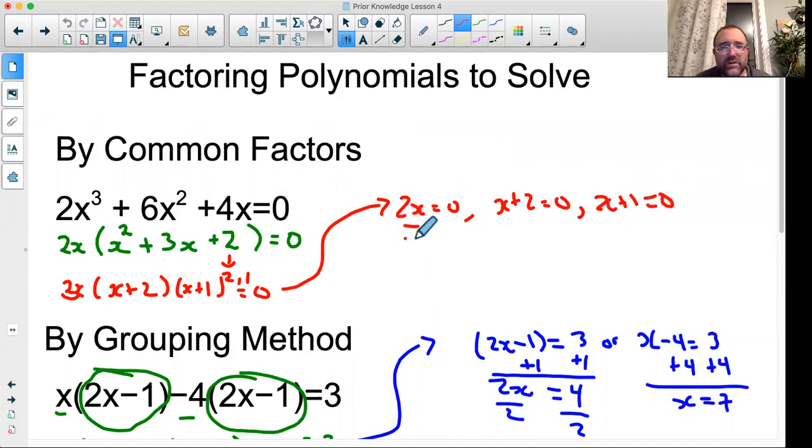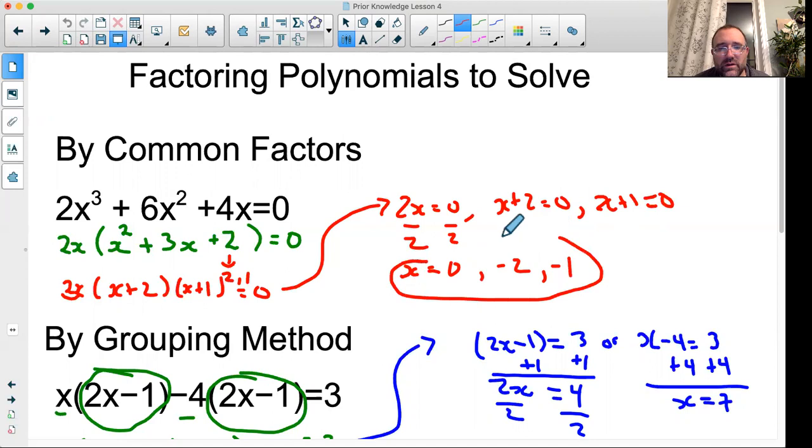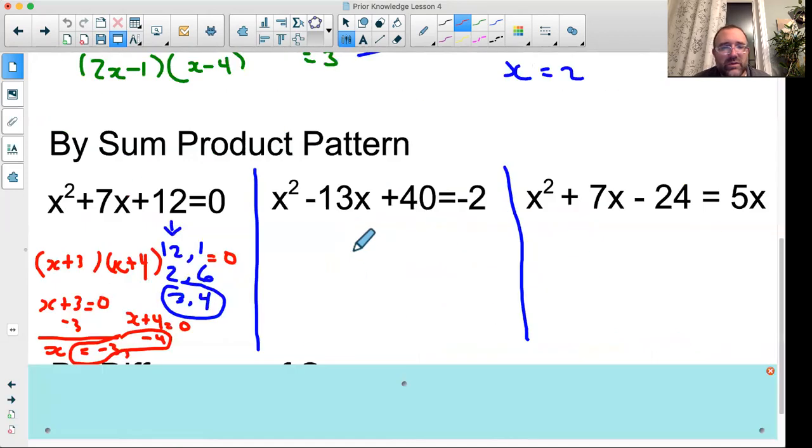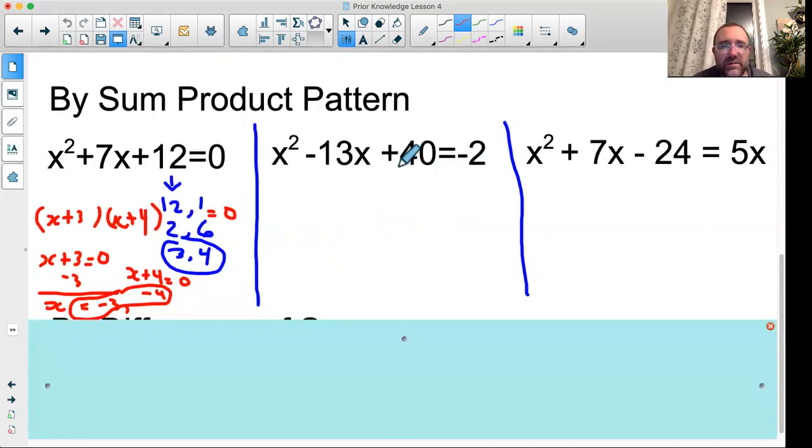So divide by 2 on both sides, and you'll realize 0 divided by 2 is possible, which is 0. Next one is minus 2 on both sides, negative 2. And the last one, plus a negative 1 on both sides, negative 1. There are 3 solutions for that. So if we keep going down to this one now, it's the same thing like earlier, but be careful.